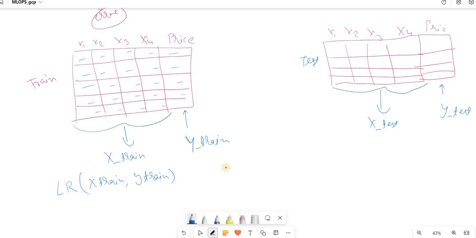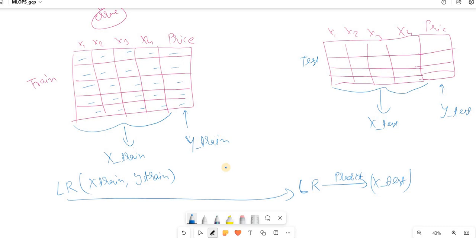It is trying to learn, if the input values are these, then what would be the price. Now for this model, I will ask my model to predict. I will give x test, only these values x1, x2, x3, x4, and then I will ask my model, now you have to predict the y test.